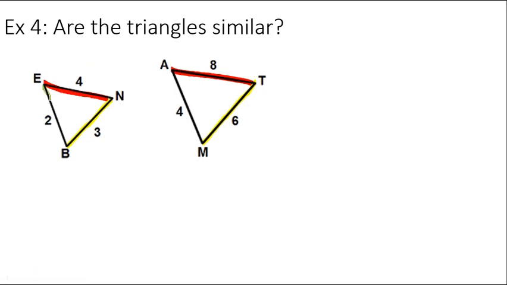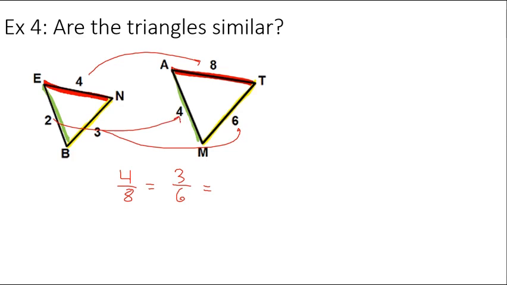And then the 2 here goes to 4. Okay, so when we compare the sides, so again, 4 and 8, 4 over 8, and then we have 3 and a 6, and then we have 2 and 4.